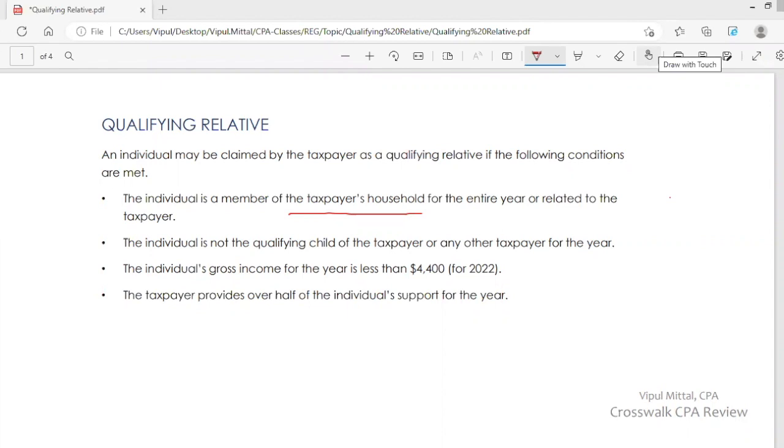But how? So you are the taxpayer and you want to claim an individual as your qualifying relative, and that individual should be either staying with you for the entire year in your household, or that individual is related to you. How is that individual related?